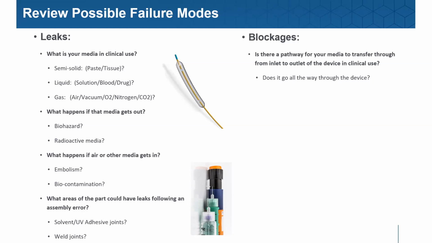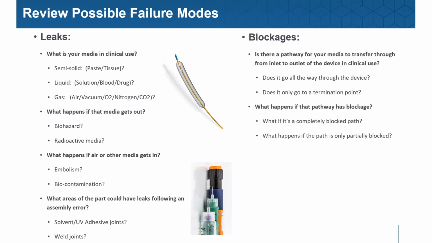There are others, such as balloon catheters and others, where the pathway is going to terminate at a final destination within the device. Are there risks that there are blockages, and what would happen if they were blocked? So determining this will guide us to a testing need or a testing requirement, and we can look at that if you identify that up front.